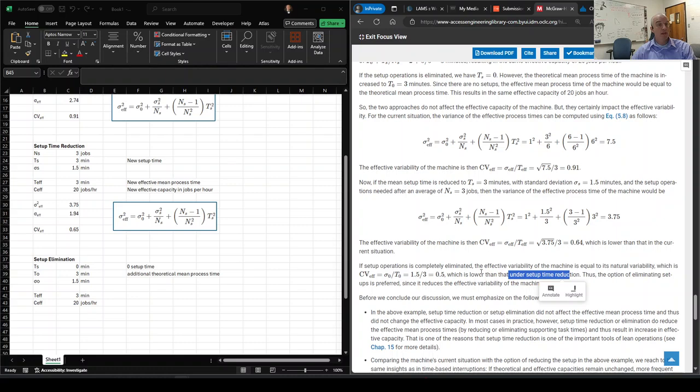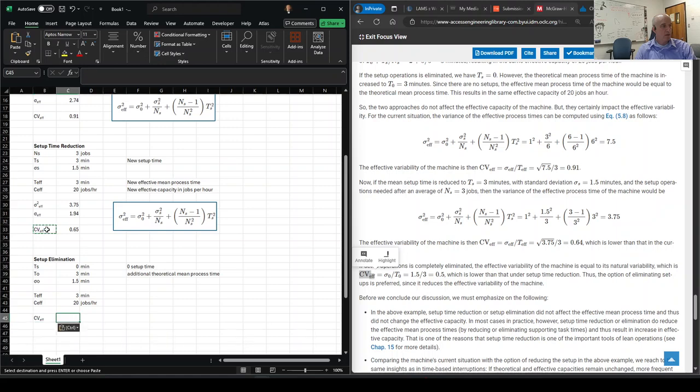We've removed setup, and this is the effective and the theoretical variability. So what does that look like? Let me copy my symbol down here, and this is going to be equal to the standard deviation divided by the mean time, and that gives us 0.5, which is lower than the setup time reduction option.